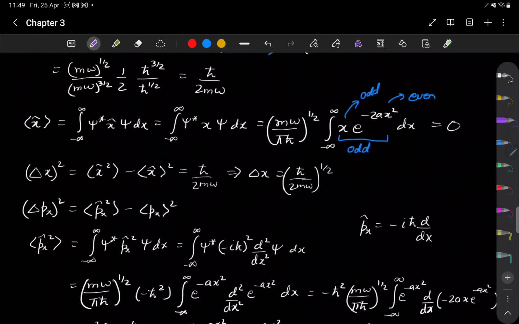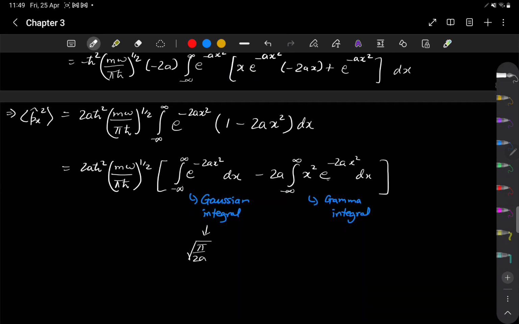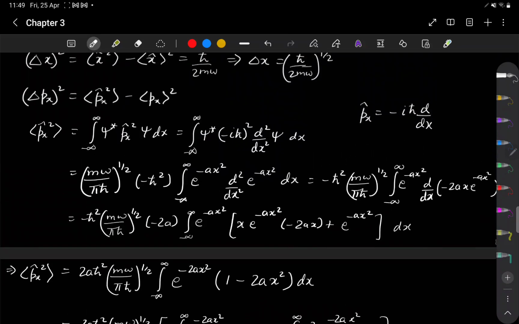So the first integral works out to be, sorry, I need to change the color of my pen. This integral works out to be root pi over 2a. And this integral, the second term, we evaluated in the previous part.